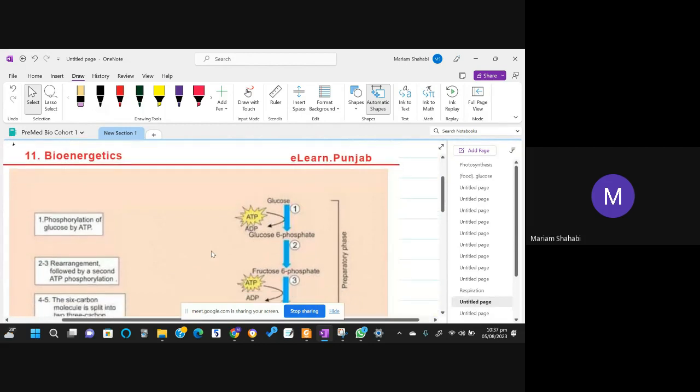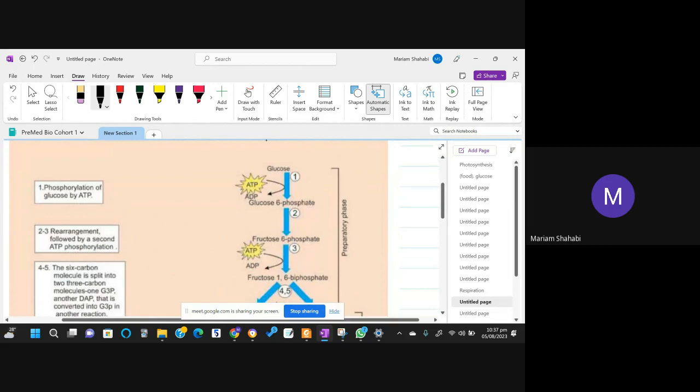We start with glucose and we consume ATP to convert it to glucose 6-phosphate. The phosphate from ATP goes and attaches to glucose, and that is called phosphorylation.